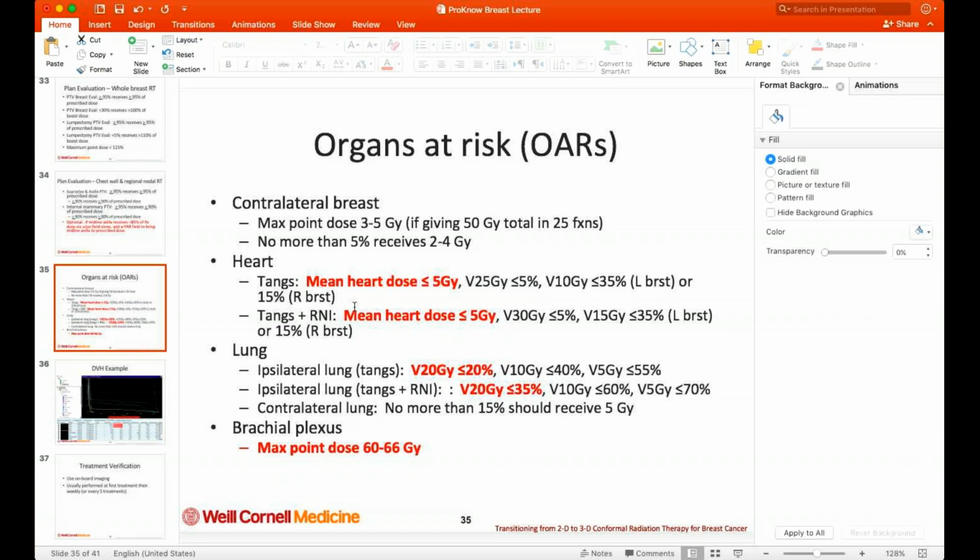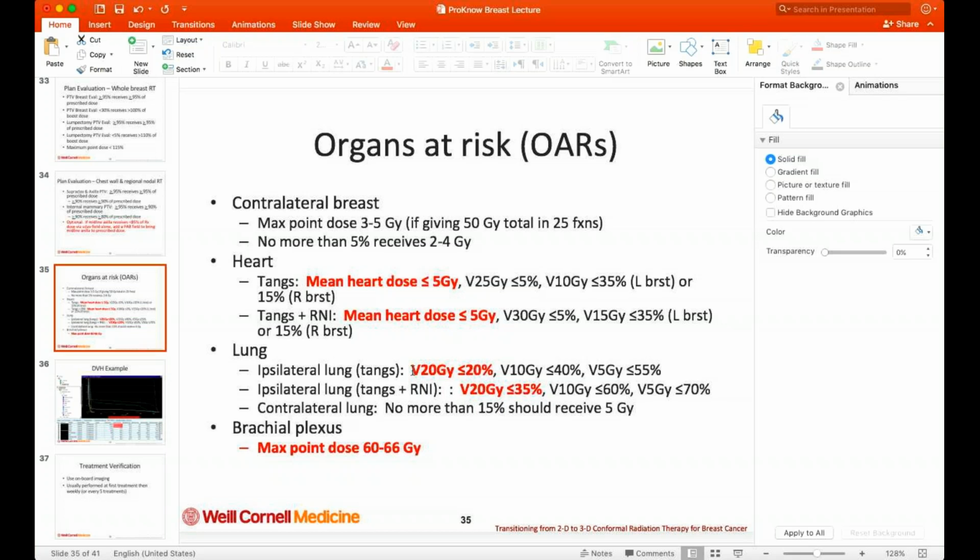When it comes to the lungs, if you're only treating with tangents, then the volume of the ipsilateral lung receiving 20 gray should be less than or equal to 20%. You also want to take a quick look at the low dose. The volume receiving 5 gray should be less than or equal to 55%. So if you will, the one number I guess that trumps others would be the volume getting 20 gray.